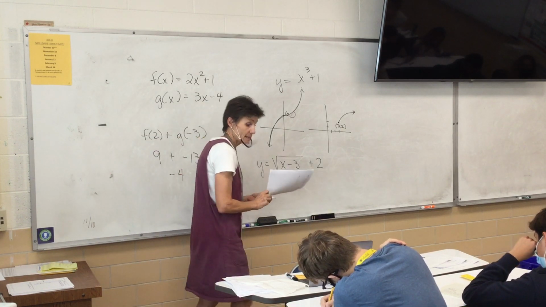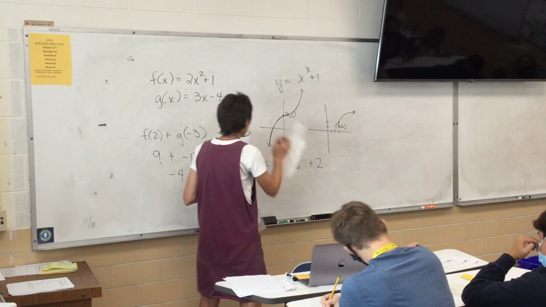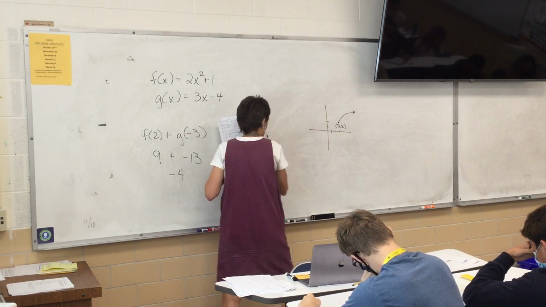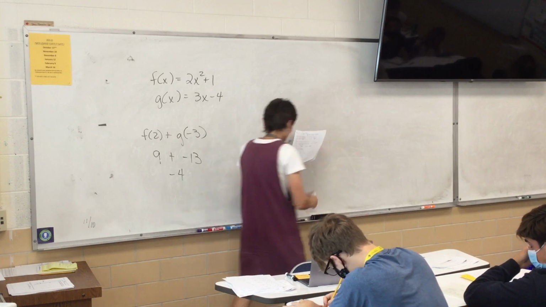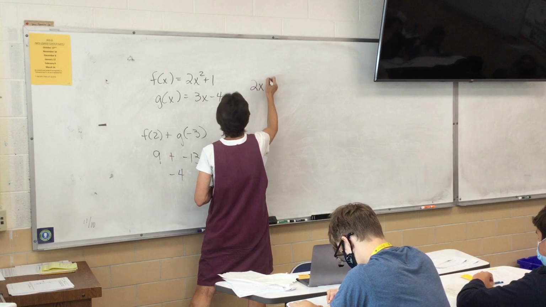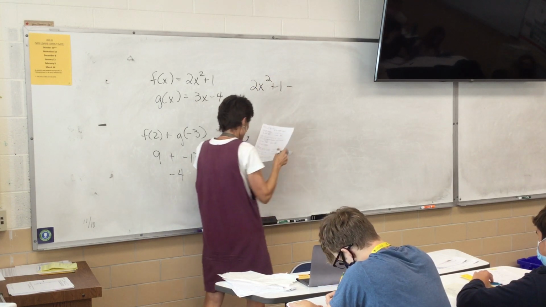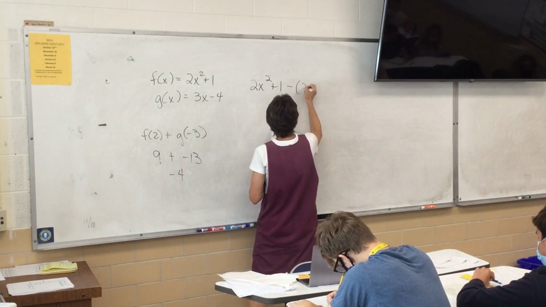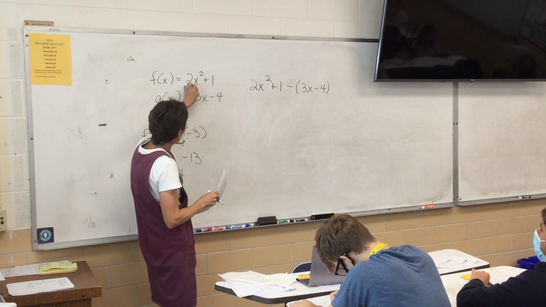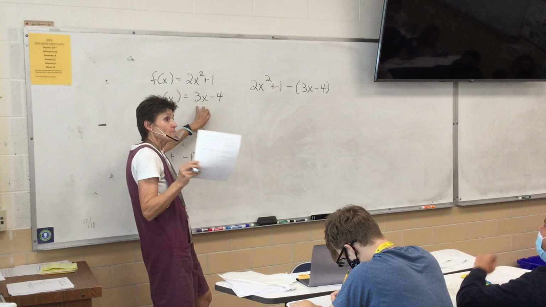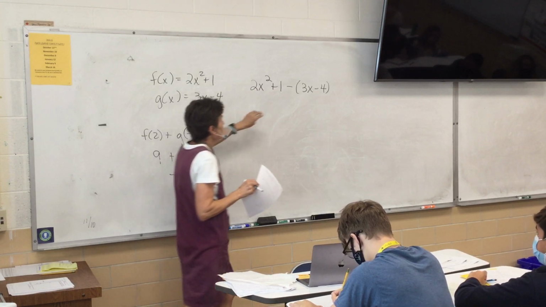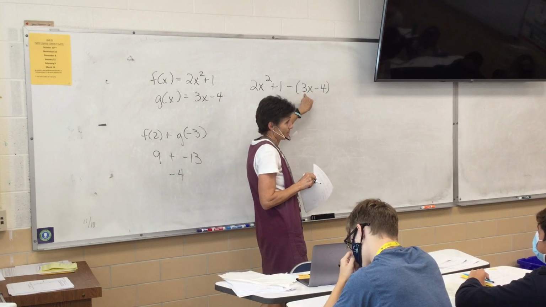Easy. Right in. All right. B is equally easy. Actually, it might even be easier because you just have to take f of x, which is written right here, and subtract g of x. So it's this one minus this one. Now, the one place where you might make a mistake is if you forget these parentheses.